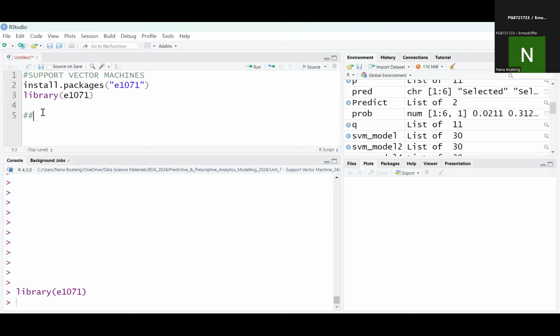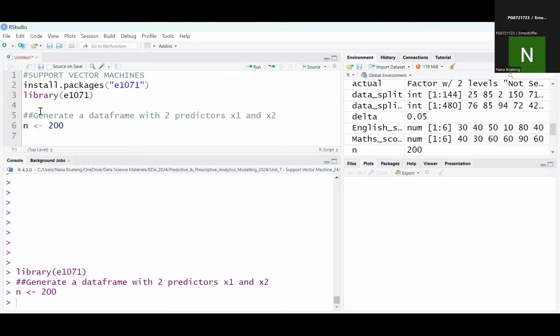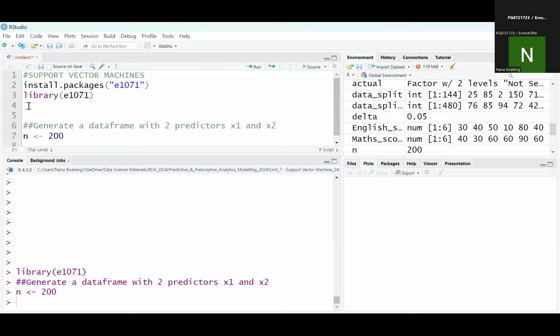So let's generate a data frame with two predictors, x1 and x2. Let's specify the number that we want. We want 200. Oh, sorry, let's set the seed so that we all get the same result.